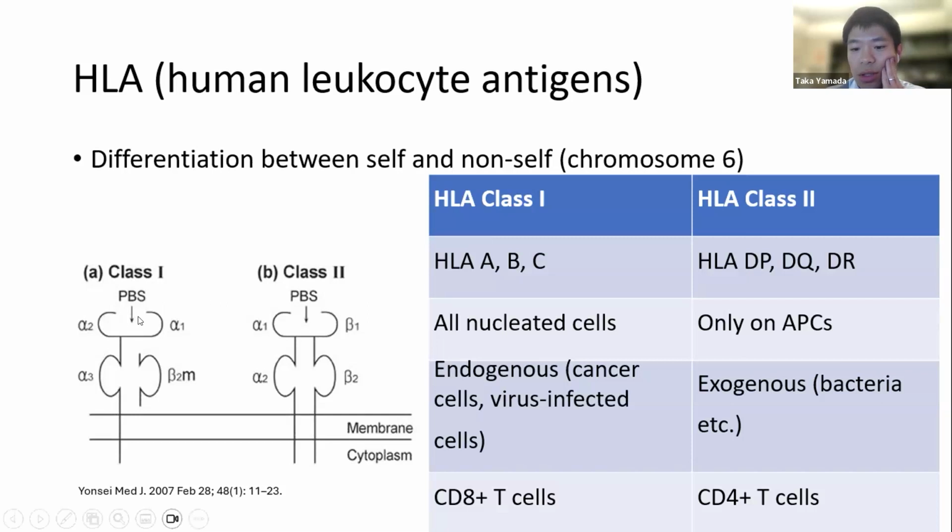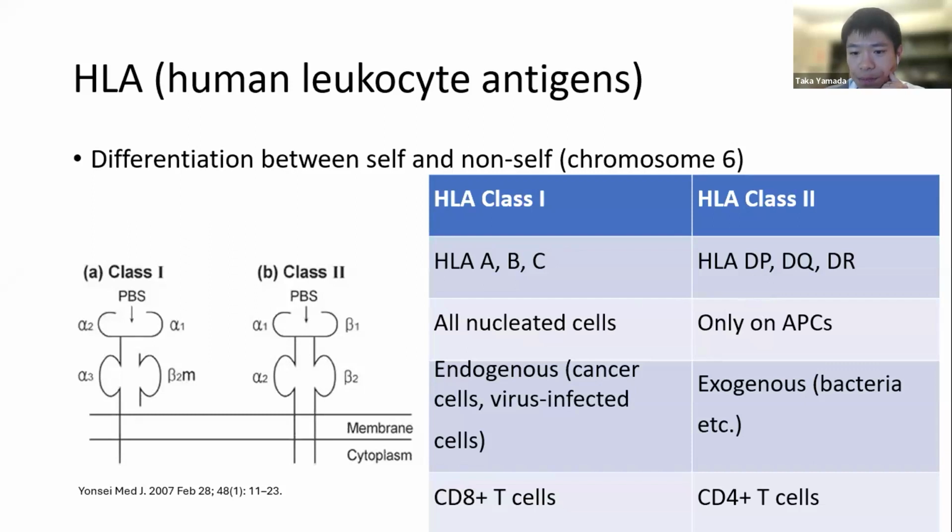Class 1 molecules consist of heavy chains with three domains, alpha 1, alpha 2, alpha 3, as well as the non-covalently bound extracellular beta 2 microglobulin. Class 2, on the other hand, is a heterodimer of alpha chains and beta chains. Class 2 genes include DP, DQ, and DR.